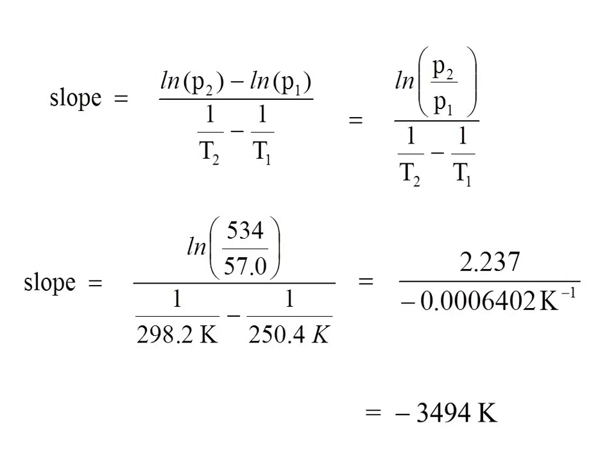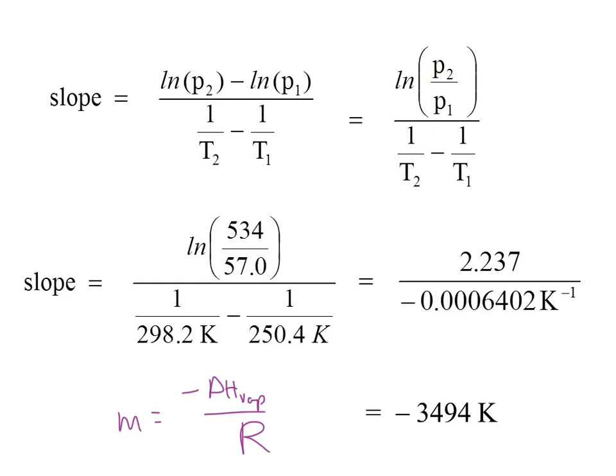Just to emphasize what our next step is, down here at the bottom, M is equal to negative delta H vap over R, which is equal to that.